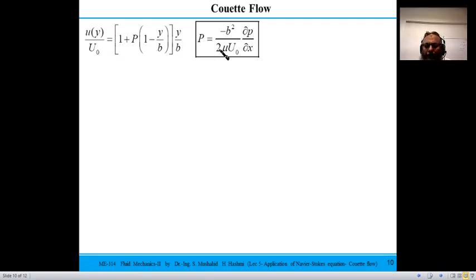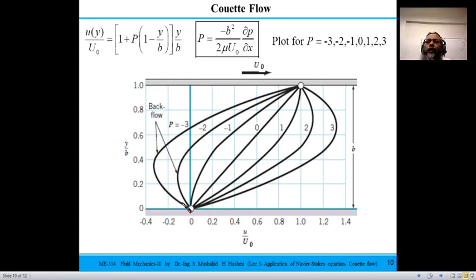Just by assuming it, I plot different values of P. So the first value of P would be 0, and how is it possible to have 0? Only when the pressure gradient is 0, so dP by dx is 0. So you get different velocity profiles. For example, this is a straight line profile. On this axis I have not velocity but the dimensionless velocity, and on the y axis we do not have a distance b but a dimensionless distance y over b.